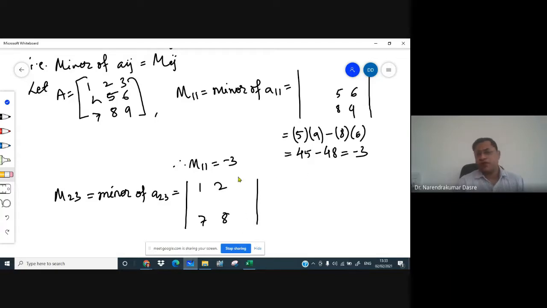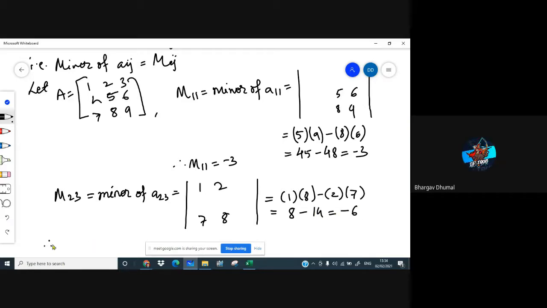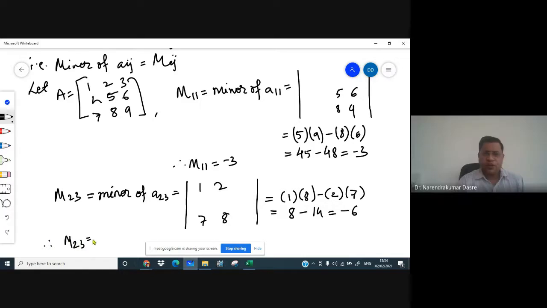So this will be the minor: 1 into 8 minus 2 into 7. This is 8 minus 14, so minus 6. You get M23 equal to minus 6.